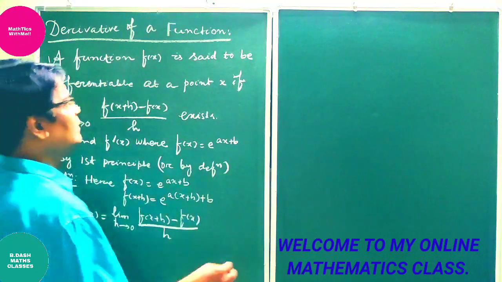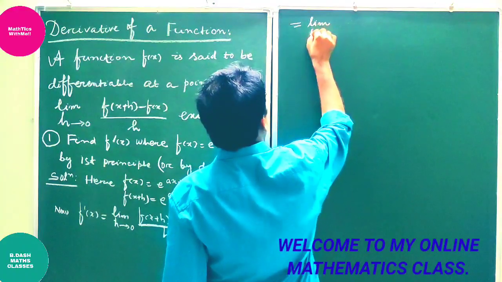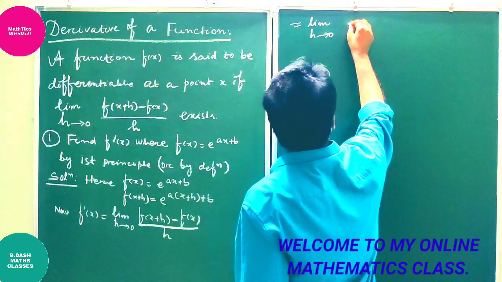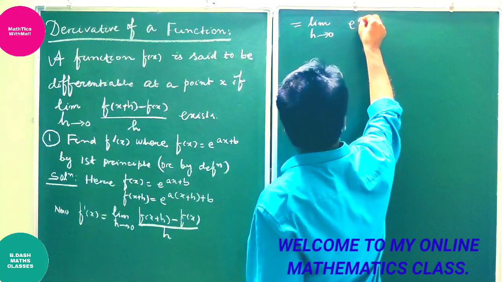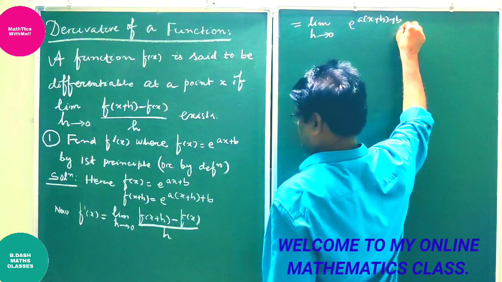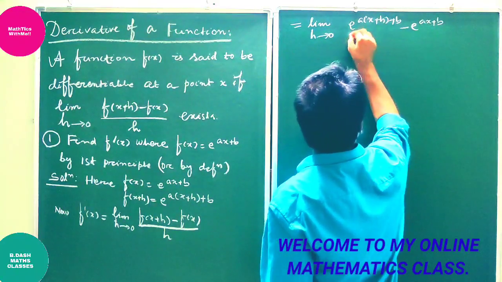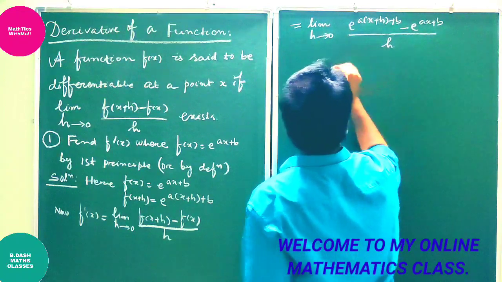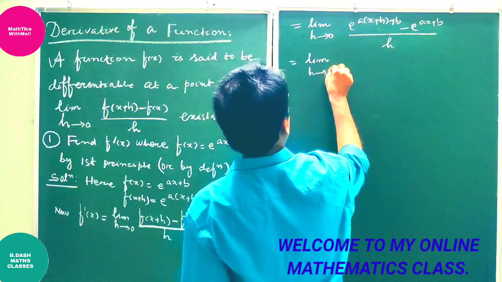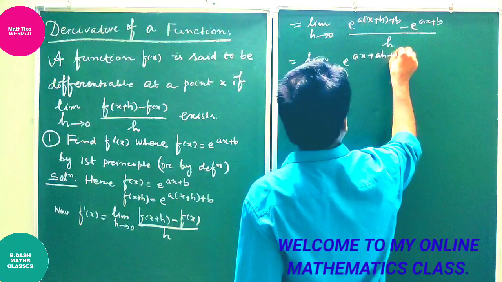So this is equal to limit h tends to 0 e to the power a into x plus h plus b minus e to the power a x plus b by h, which is equal to limit h tending to 0 e to the power a x plus a h plus b.